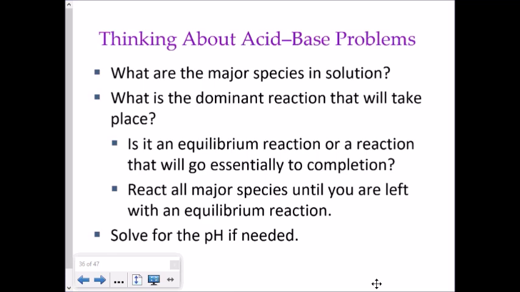So when we're going through these problems, we need to take that into account and have that always in the back of our head, looking for that. Most of the time it's not going to be there. It's a very rare occasion when it does pop up. But we need to be looking for the dominant reaction first. Then we can calculate based off of which one's dominating the pH and the concentrations from there.